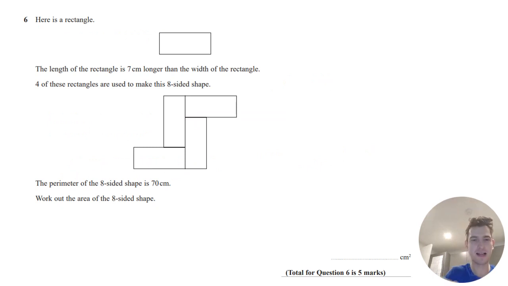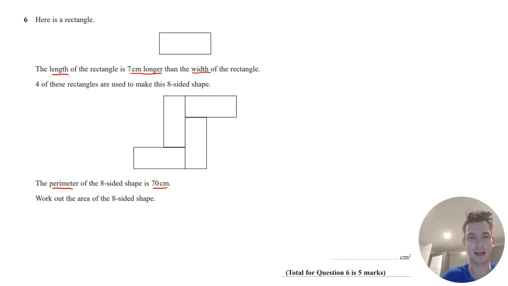Okay, here is a rectangle. It says the length of the rectangle is 7 centimeters longer than the width. Four of these rectangles are used to make this 8-sided shape, and it tells me that the perimeter is 70, and asks me for the area. 5 marks here. Immediately what I look at is that the question is not giving me any dimensions.